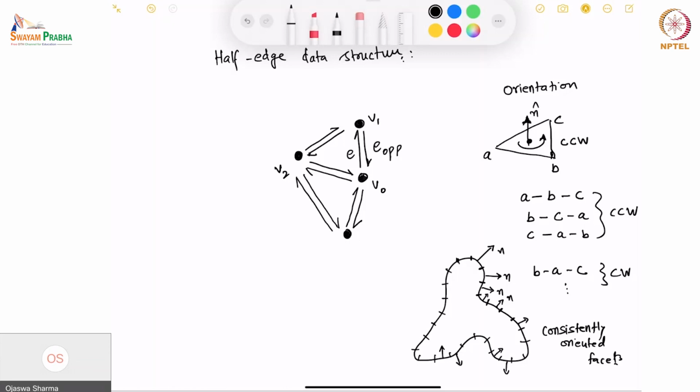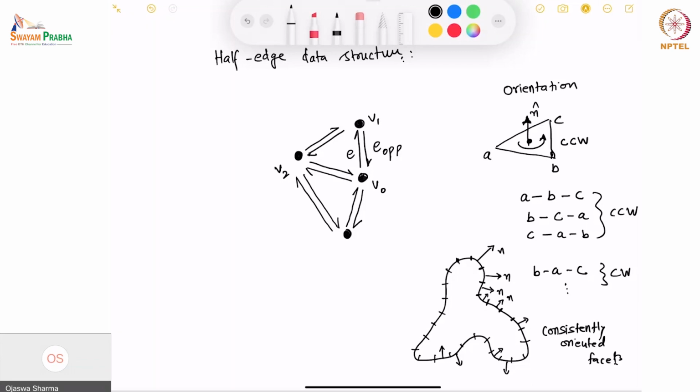And while I'm explaining this data structure to you, I want to explain how this data structure can keep your facets consistently oriented, which could be a requirement for a mesh processing algorithm, or even display. If it is inconsistently oriented, some of the display algorithms might just remove the facets from display without you noticing. This is known as backface culling. And then you would see that my mesh has holes in it, where actually there are no holes.